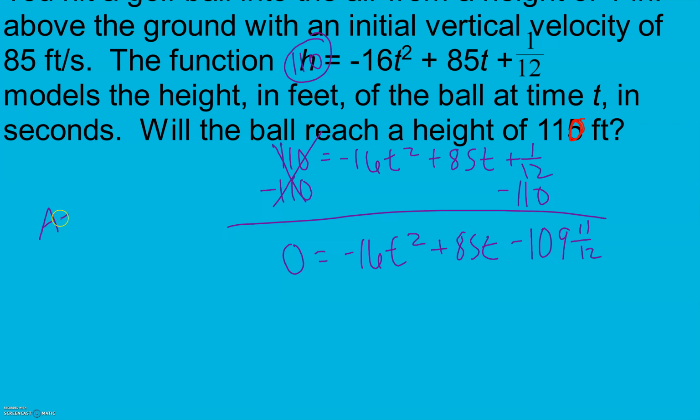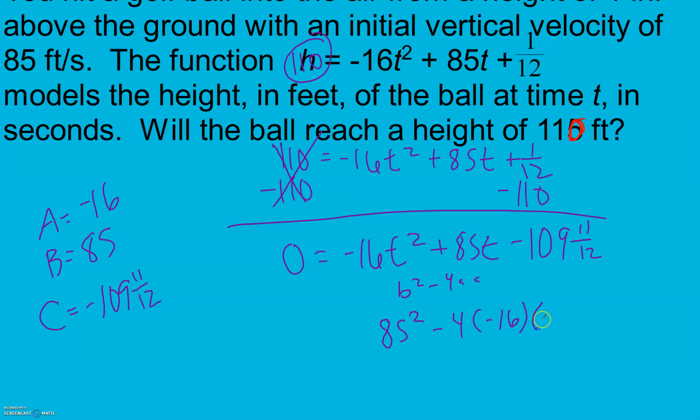So my discriminant, now that it's set equal to 0, I find my a, b, and c. And my discriminant is b squared minus 4ac. So 85 squared minus 4 times negative 16 times negative 109 and 11/12.